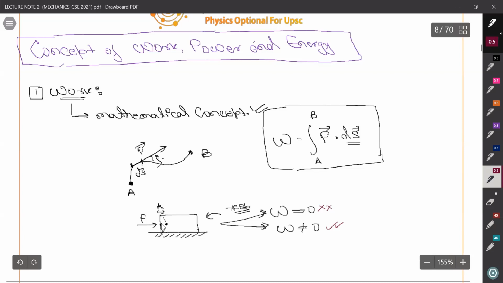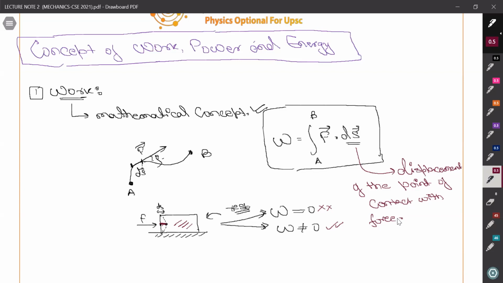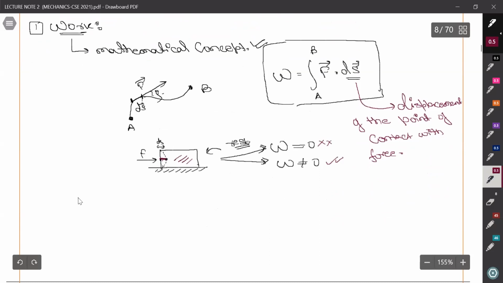Because ds is here and we are applying force here, so we don't need the whole block to move, because this ds is what? Displacement of, not the whole body, it is the displacement of the point of contact with force, the point that is in contact with the force. If that is displaced, we can say that work is done.